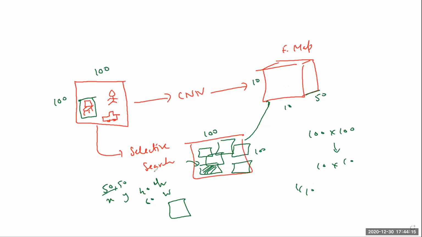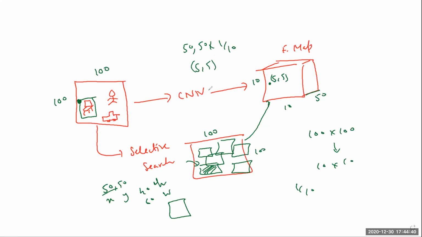So a point which was 50-50 in this image, where will that point be in this feature map? You simply multiply it by the downsampling factor. So whatever this point was, 50-50 in the original image, now it is somewhere here, and this point is 5-5 in the feature map. You simply multiply and you get it.